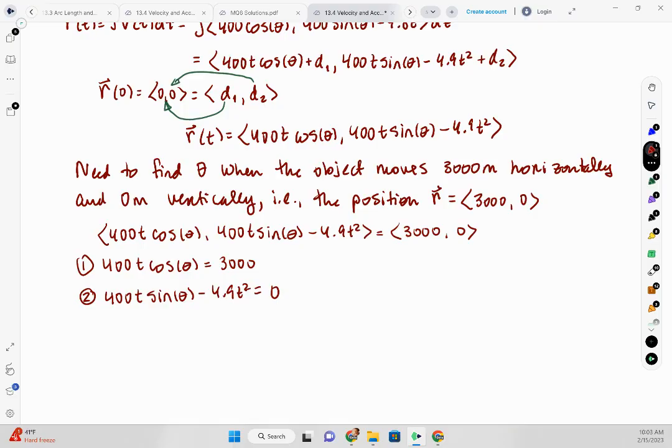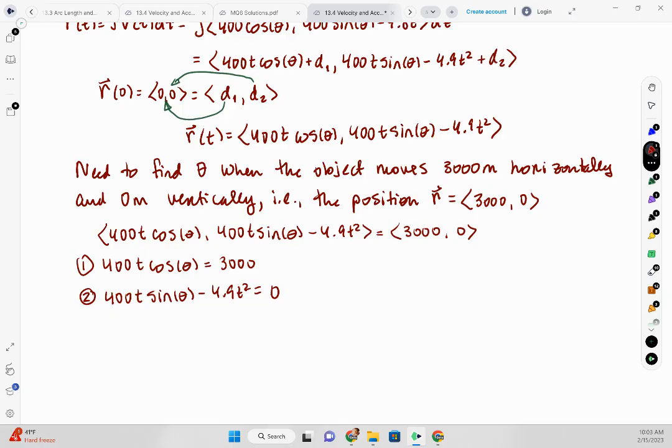Now I'm noticing that in the second equation I have a quadratic, and remember we're solving for t. Eventually we want to solve for theta, but it would be nice if I could solve for t right now and just see what that gives me.